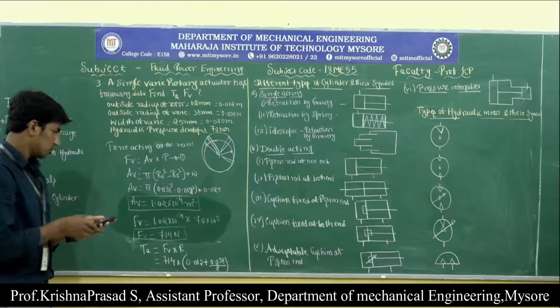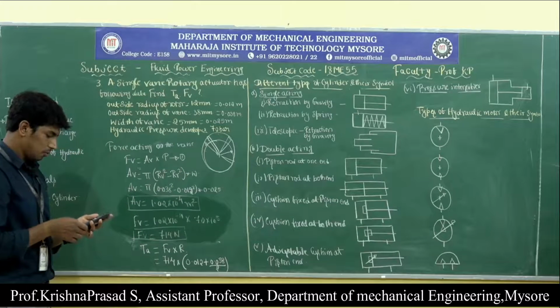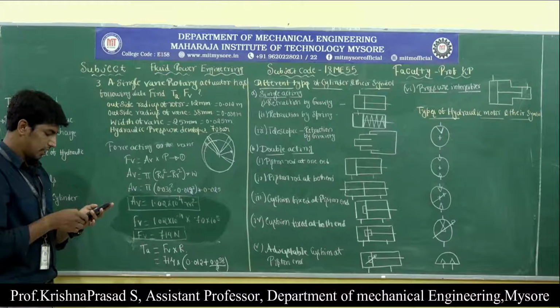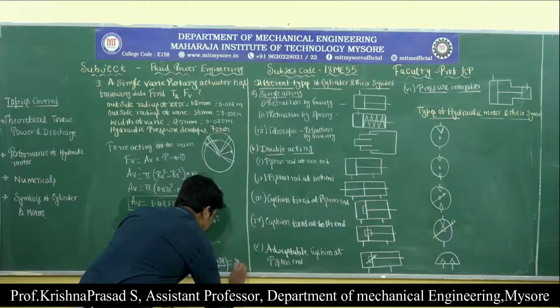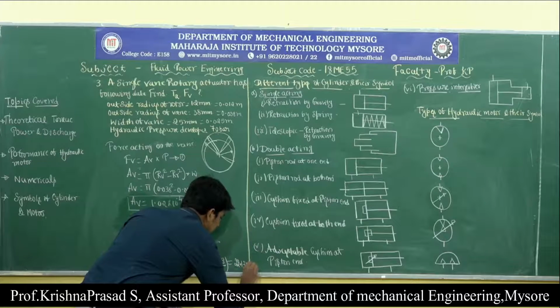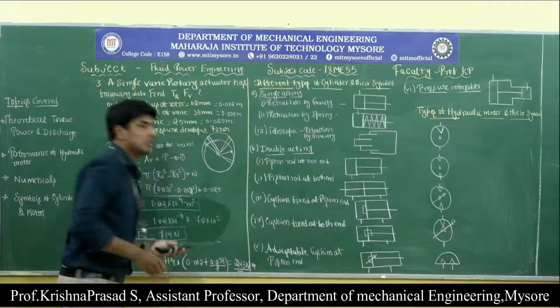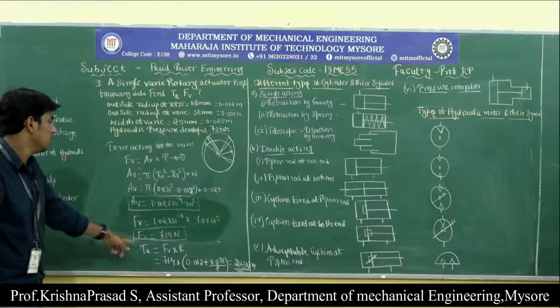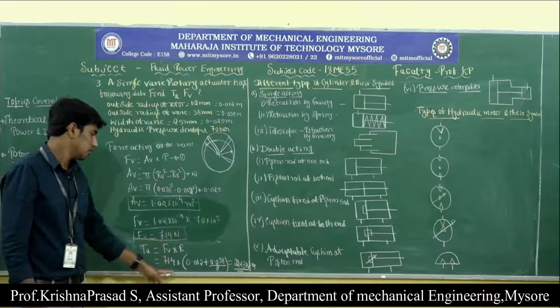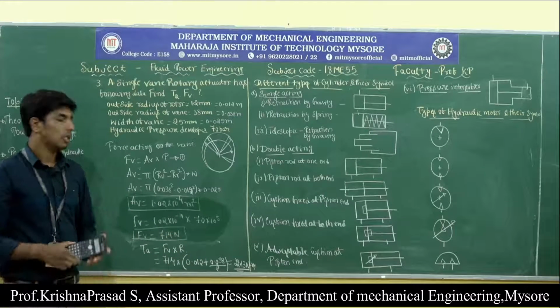So that will be 0.012 plus 0.019, and into 714 we get 22.13 Newton meter. So this is the torque capacity of the actuator as well as the force acting on the vane: 714 Newton and 22.13 Newton meter.